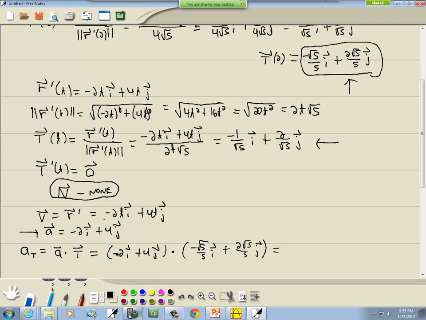So we got negative times a negative is positive. We got 2 square root of 5 over 5. And then multiply together what's in front of our j's, which gives us plus 8 square root of 5 over 5. Which gives us 10 square root of 5 over 5, which gives us 2 square root of 5. So we had to make a basic math error.